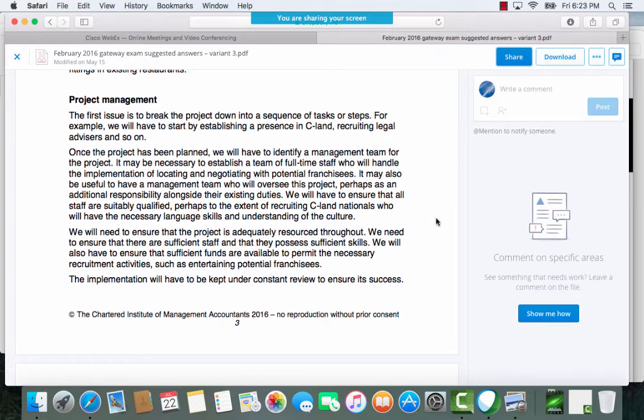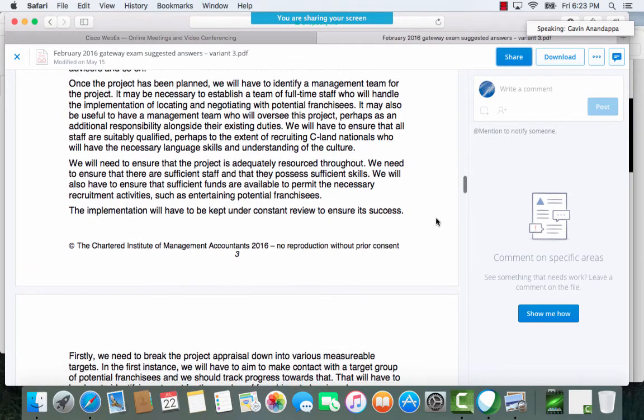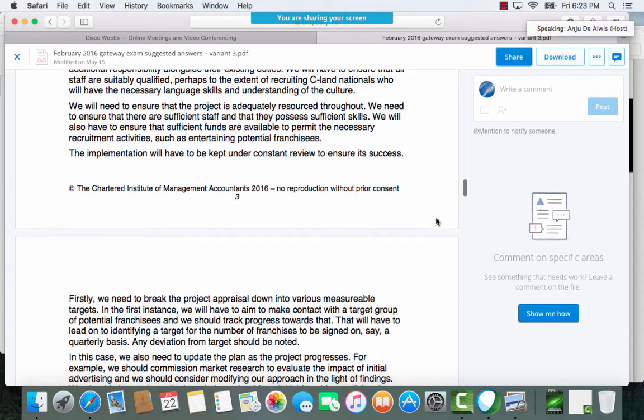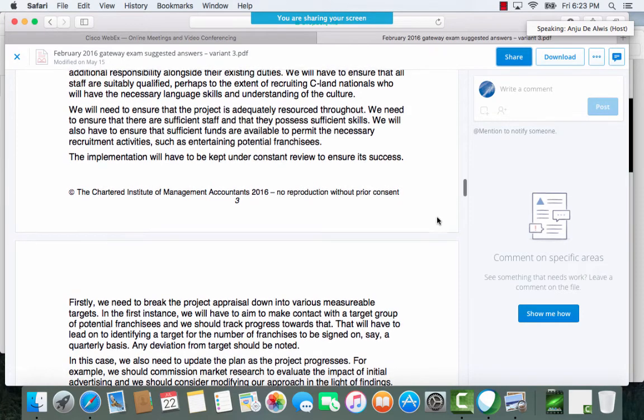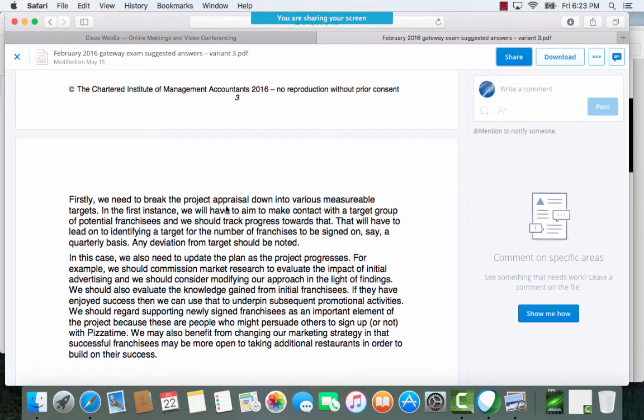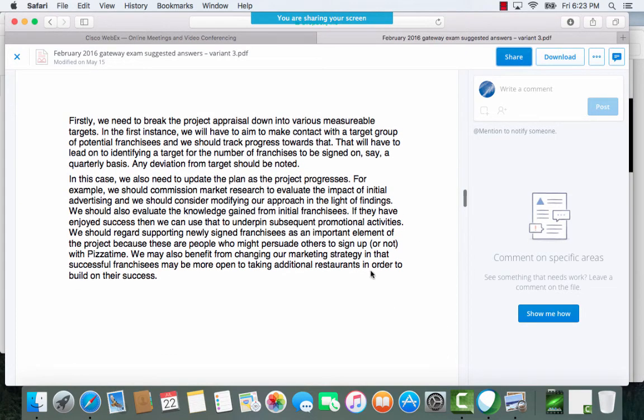You're working with third parties, so how do you include them in this project? Then they talk about adequately resourcing, and breaking down the project appraisal into various measurable targets, which is good, right? And how do you go about it, and the project progress, right?